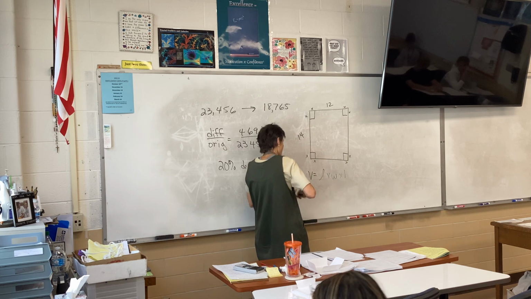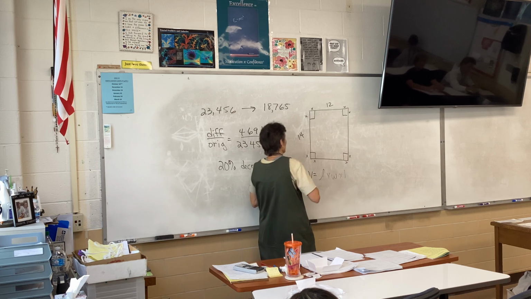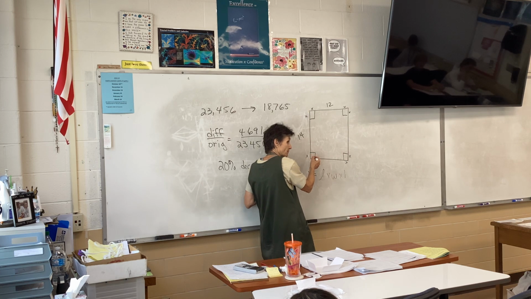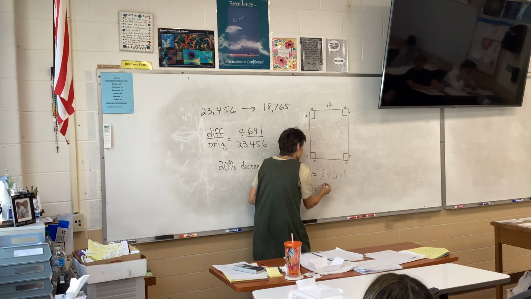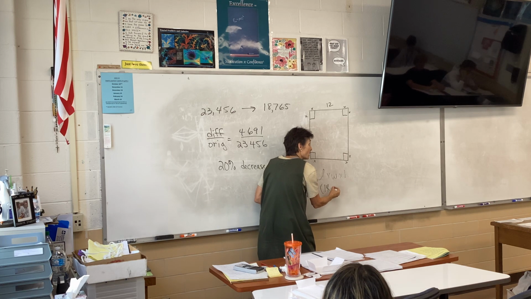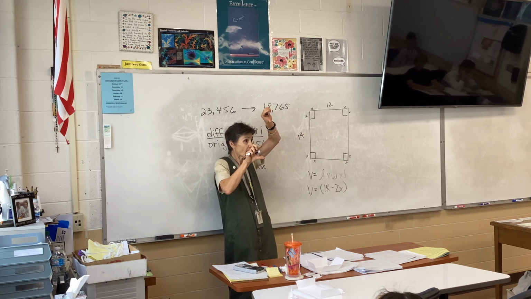All right? So for this box, the original length was 14. But what did I do? I ripped a couple of things off of it, right? So what is it now? It's not 14, it was 14 minus 2x, because I took an x away.